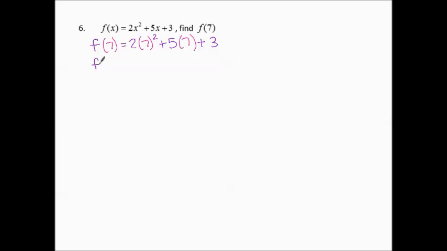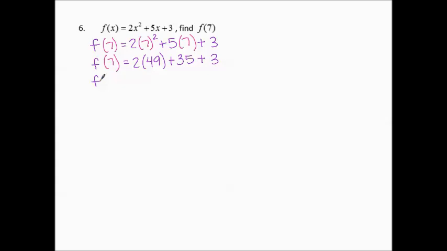So f of 7 is equal to, remember I have to raise it to the power first. 7 squared is 49, plus 5 times 7 is 35, plus 3.